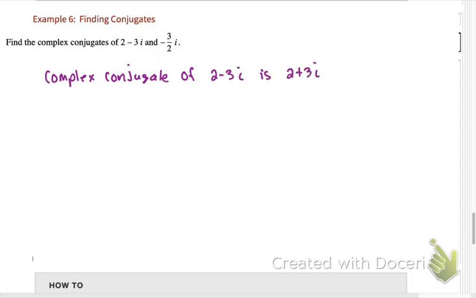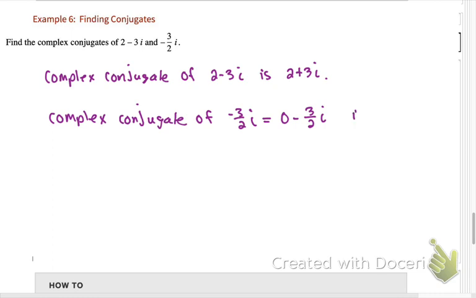Okay, so both of those are conjugates of each other just by changing the sign on the imaginary part. And the complex conjugate of negative 3 halves i, which you could think of as 0 minus 3 halves i, is 0 plus 3 halves i, which can simply be written as 3 halves i.